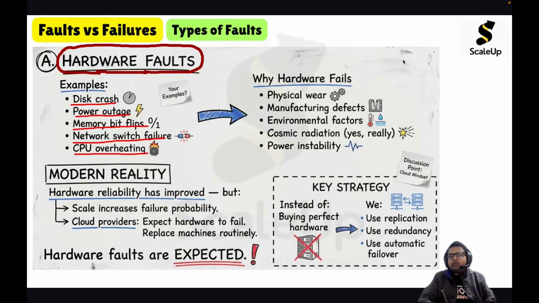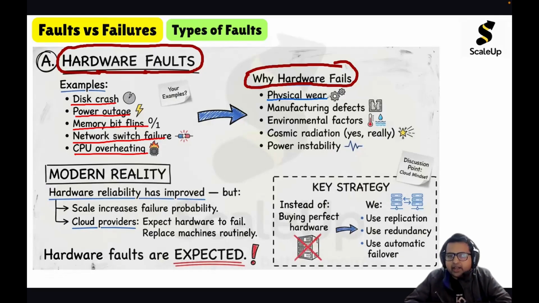Now, a very big question in front of us: why do hardware faults occur? Why does a disk crash? Why might a memory bit flip? If a memory bit flips, data gets corrupted. Why might a network switch fail? Why might a CPU overheat? To answer why hardware fails, think like this. Physical wear, because hardware is a physical device and it can wear out. Some manufacturing defect it might contain, and that might propagate.